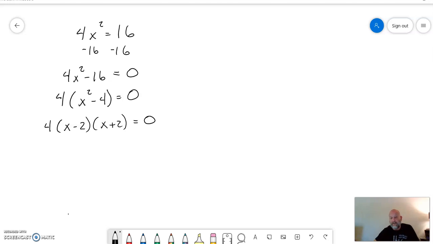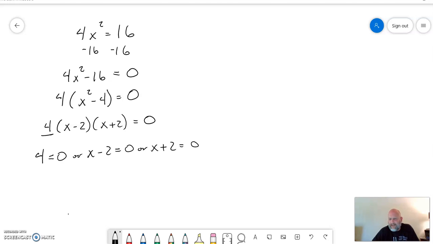Now, technically, we should be solving the equations that result from setting each factor equal to 0. So I'm going to go ahead and do that. So 4 is my first factor. x minus 2 is my next factor. And then x plus 2 is my last factor.